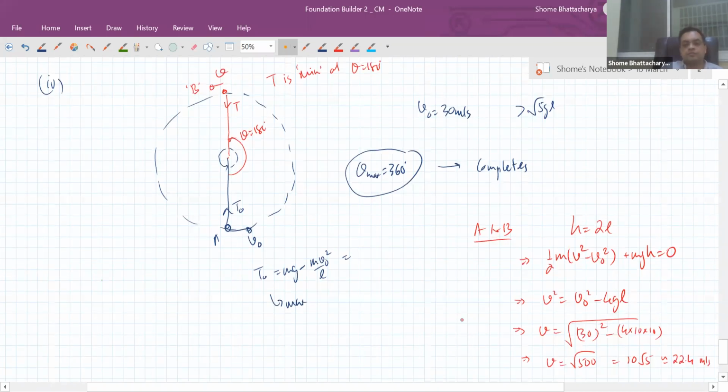Okay. So now at the highest point, you can see that T is equal to m v square by L minus mg. So we'll substitute this here.